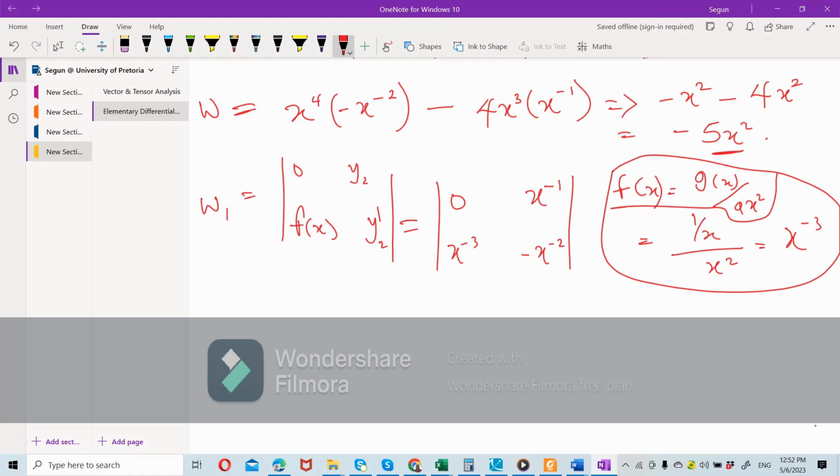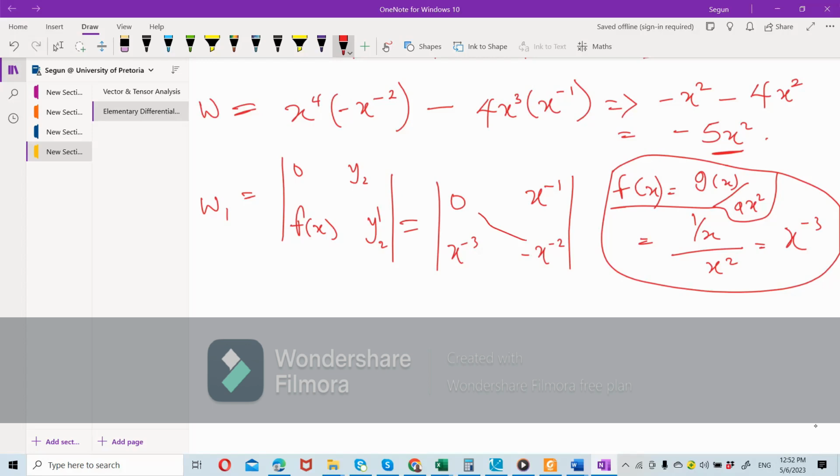Substitute it there. Then the ax squared is the same thing that we use from the original method. And we know a is 1. x squared is still x squared, divided both sides. We use it to divide this one. And 1 over x divided by x squared will give you x raised to the power minus 3, and you put it here, and that's settled.